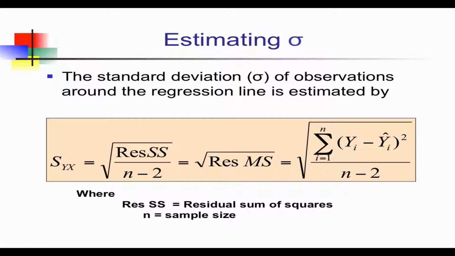Sometimes we put it in a symbol called S_YX, and this S_YX is essentially sigma hat. You can see that it is in the format of residual sum of squares over n minus 2, and the residual sum of squares is the sum of y minus y hat, squared.